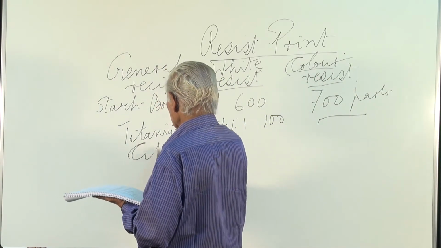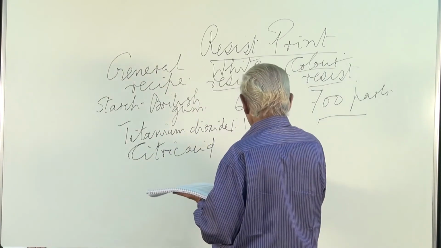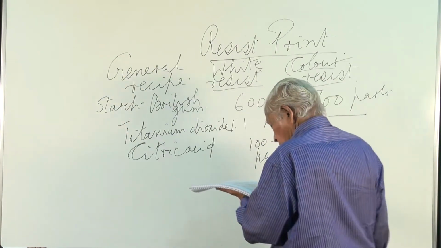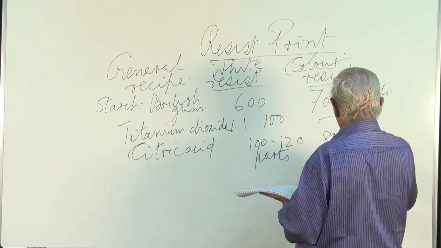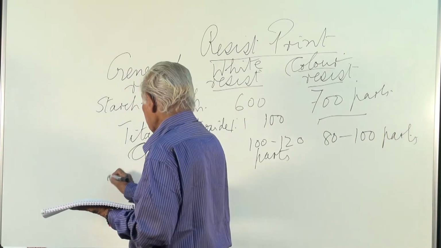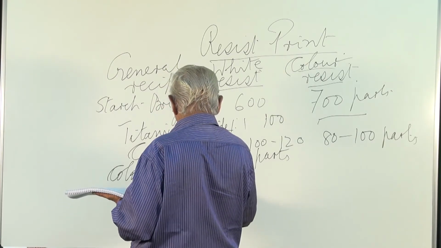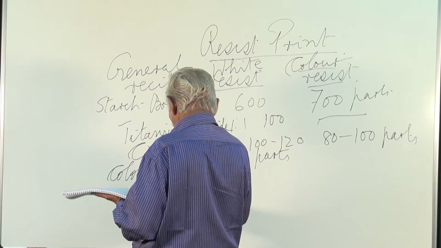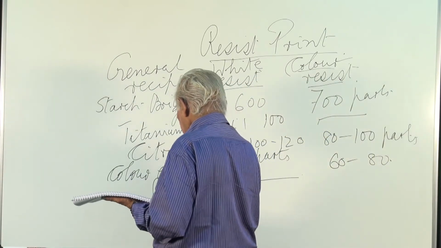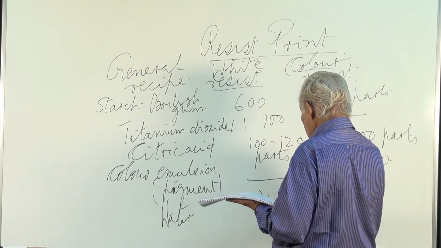Citric acid. 100 to 120 parts. 80 to 100 parts. Color emulsion. Print. 60 to 80 parts. Water X parts.